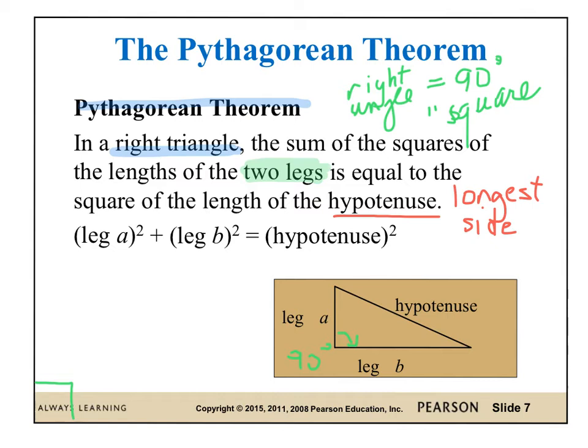And so you can see here that the hypotenuse on the triangle is also always across from the right angle. The sides that are not across from the right angle are called legs.